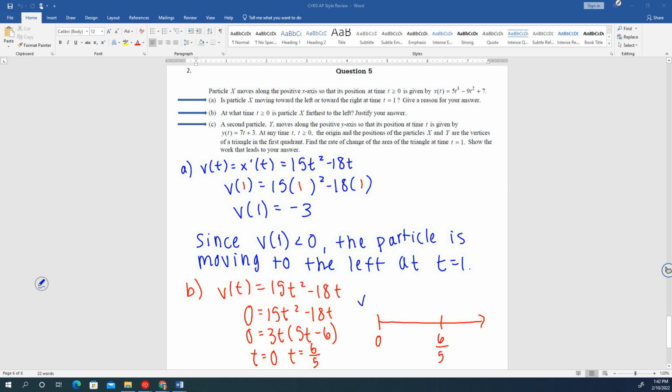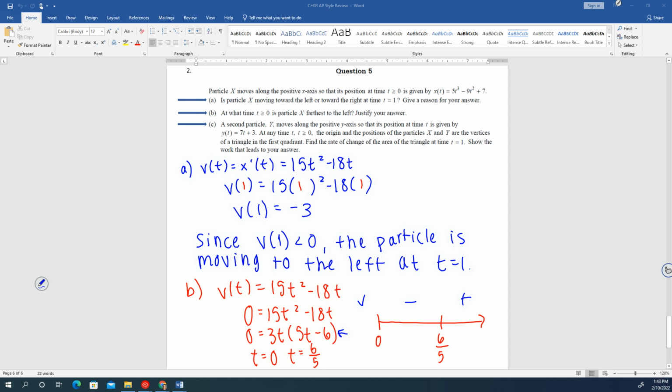All right, well, we already tested 1 and it was negative. So then we should test 2. So again, plug it in like this factored form. 3 times 2 is positive. 5 times 2, 10 minus 6, that's positive. That's going to be positive. All right.